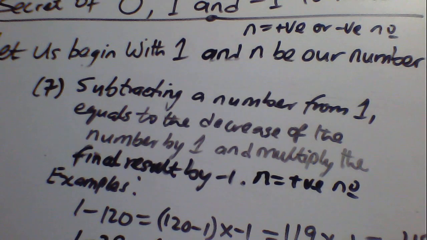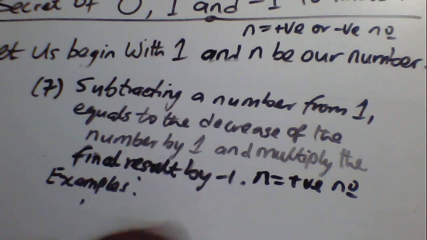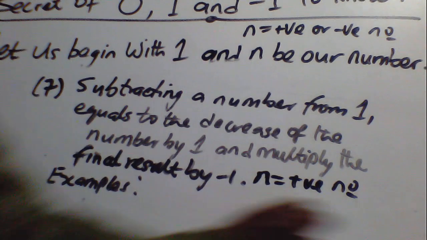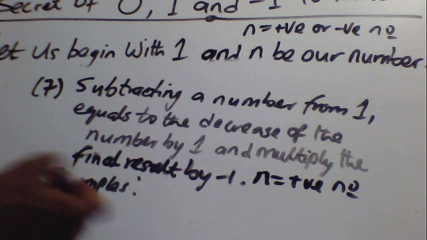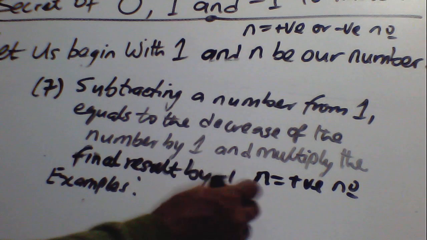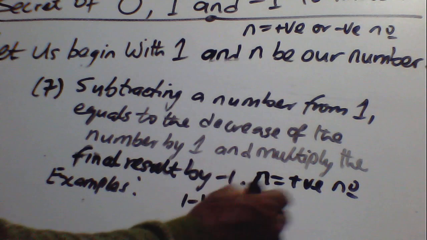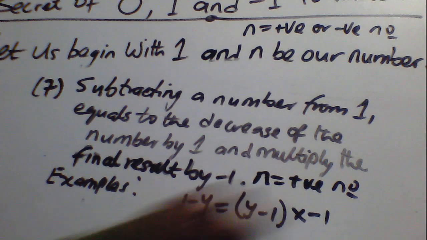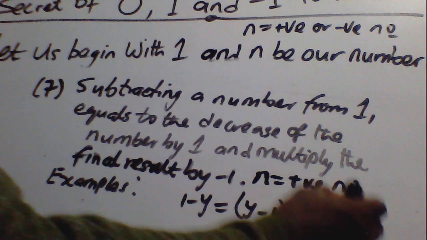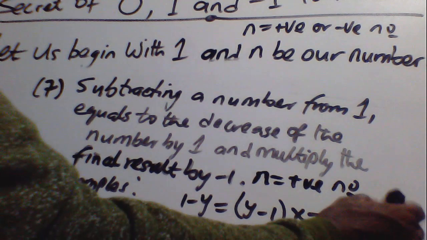This is also true for variables. For example, 1 minus y equals y minus 1 multiplied by minus 1, and this will give us minus in bracket y minus 1.